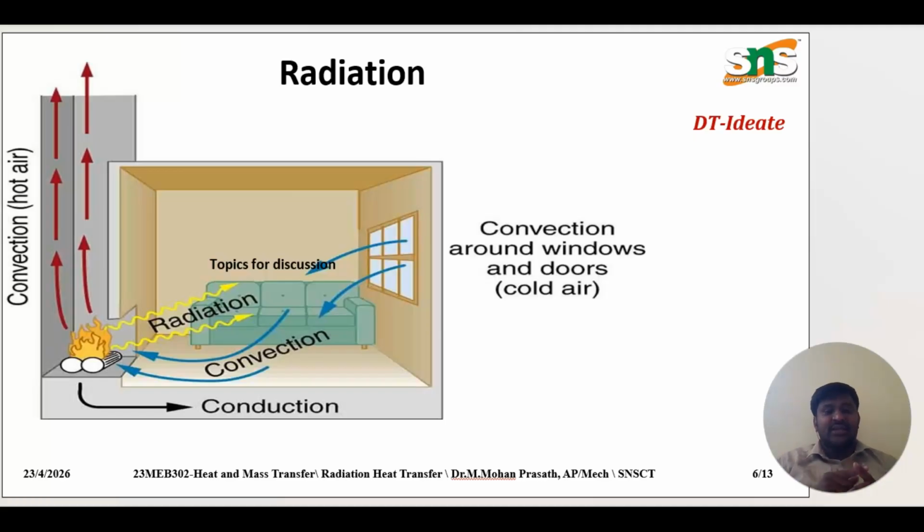Next, the heat is transferred to the air. The air becomes hot and moves out from the surroundings, which is called convection. Next is radiation. If you burn wood, energy will definitely be emitted in the form of electromagnetic waves, which is called radiation.